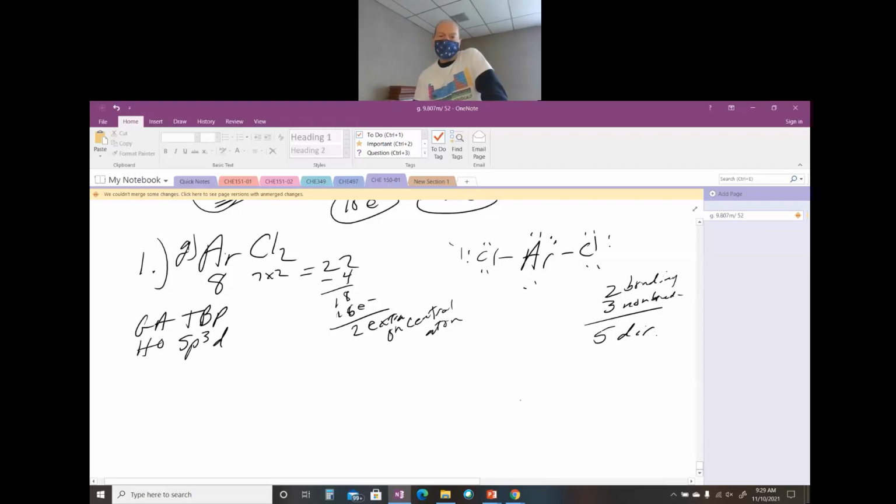So you have to be able to draw a trigonal bipyramidal. So that is axial up and down, and then the 3 equatorials. And then you have to know that you're putting your electron pairs in the equatorial position. And so all lone pairs on a trigonal bipyramidal will go in the equatorial position. And then you have your Cl, then you have your Cl.